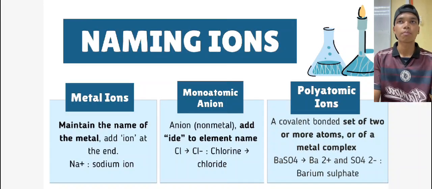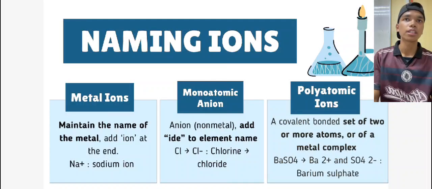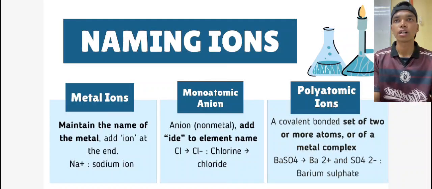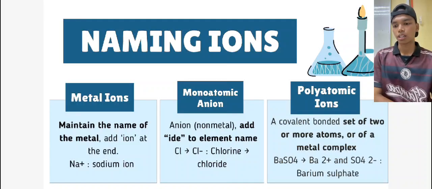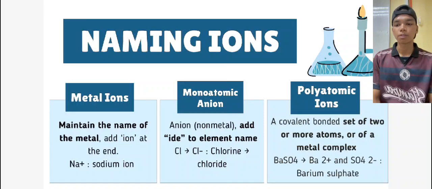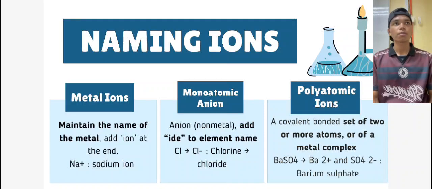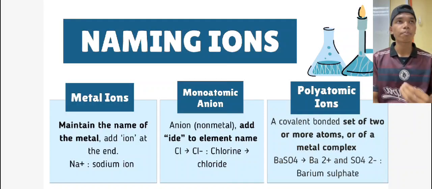Alright, so ionic compounds have three naming ions, which are metal ions, monoatomic ions, and polyatomic ions. Ionic compounds are made of metals and non-metals. To name them, you start by naming the metal, followed by the non-metal, and the compound will end with the word "ide".